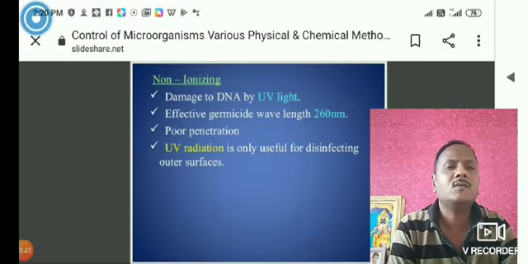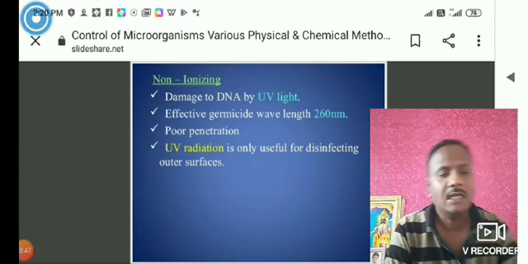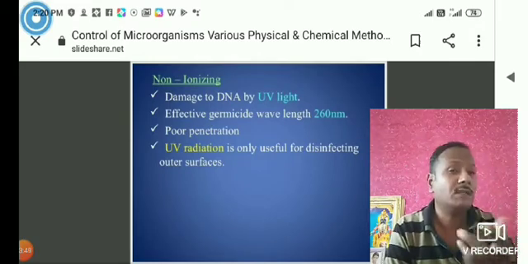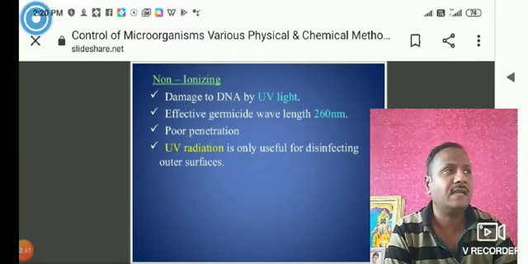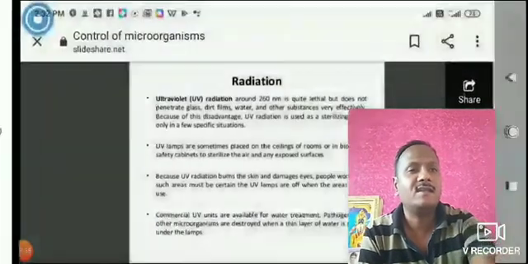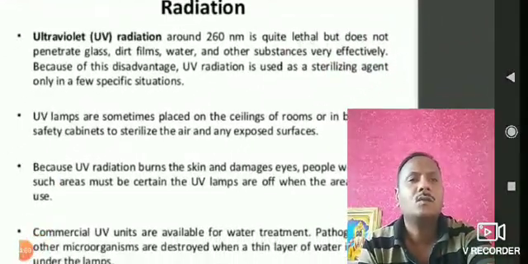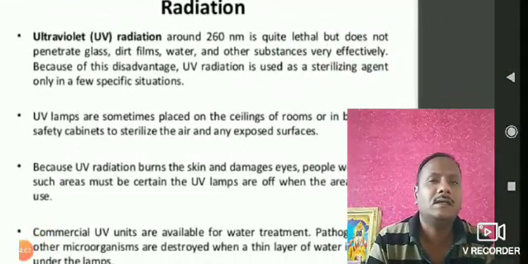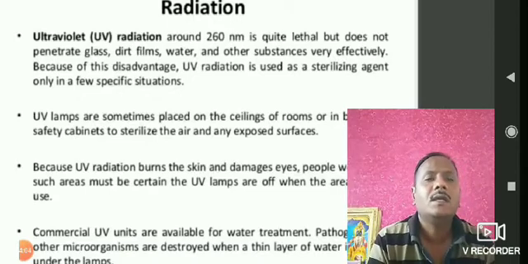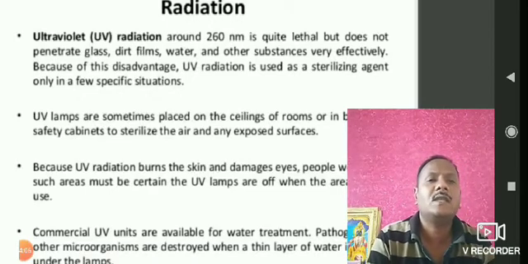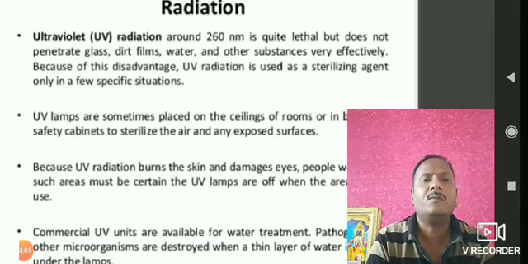UV radiation is only useful for disinfecting outer surfaces, because inside such materials, inside the glass, inside the packaging materials, the non-ionizing radiation does not penetrate. Ultraviolet radiation at 260 nanometer is quite lethal, but does not penetrate glass, dirt, films, water, and other substances very effectively.